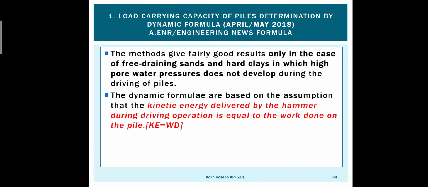In the dynamic formula there are two types of formula. One is the Engineering News formula, one of the oldest dynamic formulas. Then the revised formula is Hiley's formula. So we have two formulas in the dynamic formula itself. One is the ENR formula, Engineering News formula, and another is Hiley's formula.